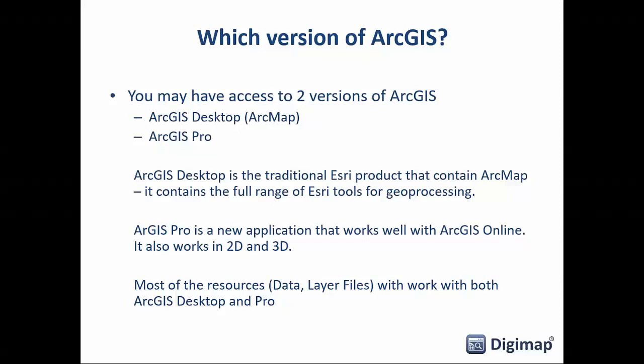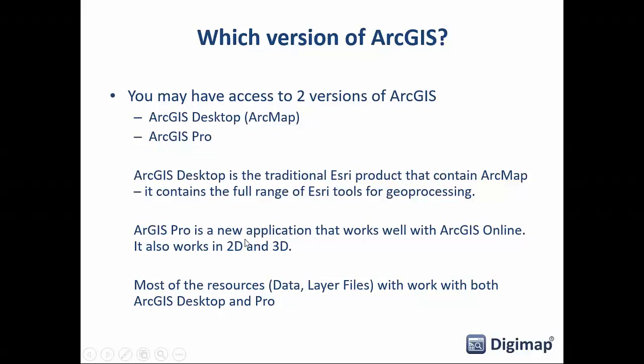It just depends at your university how things have been rolled out, but both of these products are available. Generally, they're doing the same sort of job. ArcGIS Pro is just a more modern version that's been rebuilt for newer machines. It just depends what your university has got available.